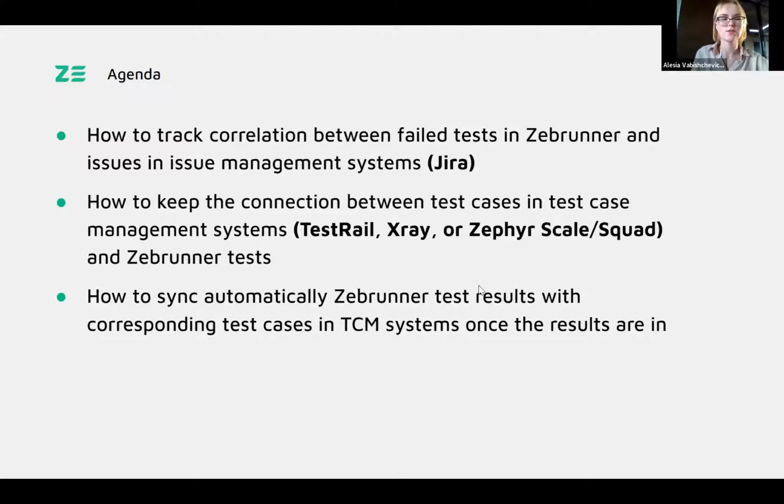That's why today we've prepared a great webinar for you where you'll learn how, with the help of Jira integration, you can track a relation between your failed tests in Zebrunner and your known issues, how you can keep the correlation between test cases in the test case management systems that you use and your Zebrunner tests, and how you can sync Zebrunner test results automatically with the corresponding test cases in the test case management system that you use in real time.